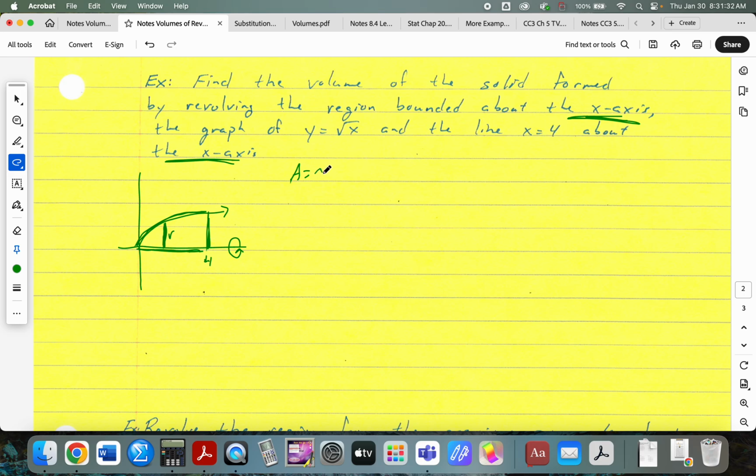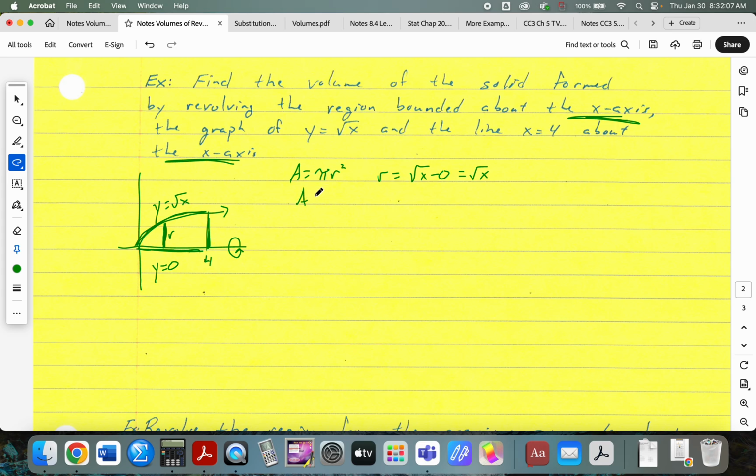So my area is pi times the radius squared, where the radius is going to be this distance from y equals the square root of x to the x-axis, which is y equals 0. If you think about those as being two functions, it's always the greater function minus the lesser function. So that's going to be the square root of x minus 0, which is just the square root of x.